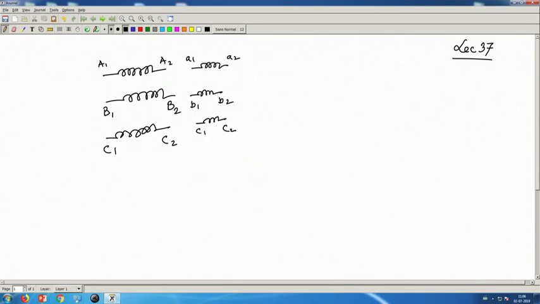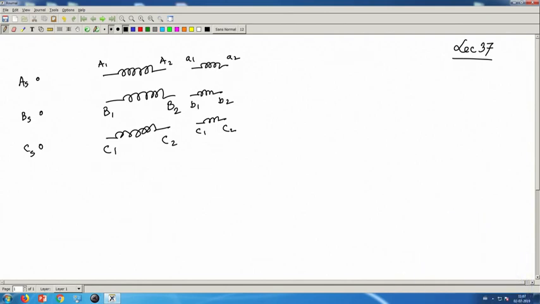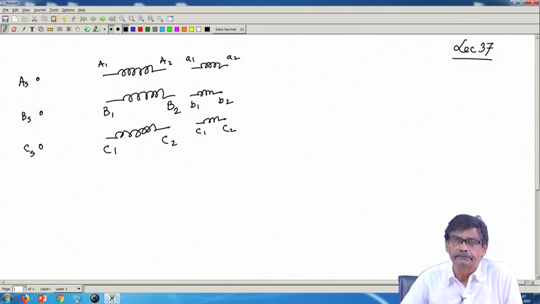Okay. And then you have the three supply terminals, that is AS, BS, and CS. Now, I have to connect the supply and connect this primary and secondary in a particular fashion as desired.